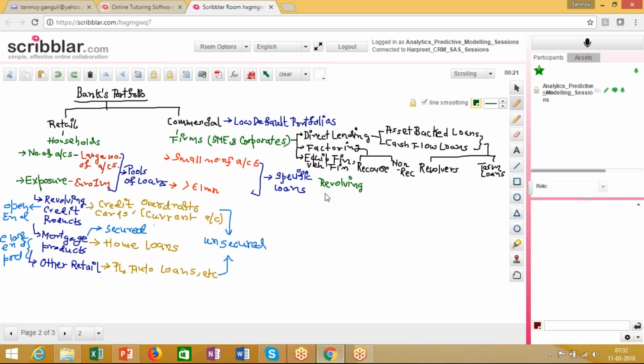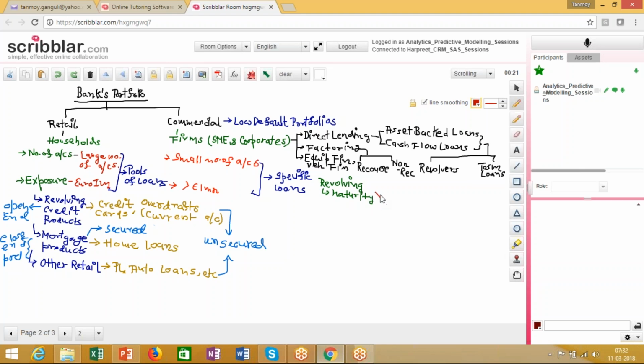Similarly, for revolving products, the most important characteristic is that it is open ended and does not have a maturity. It does not have a fixed maturity or a terminal time period. So you can keep on using this product till eternity.